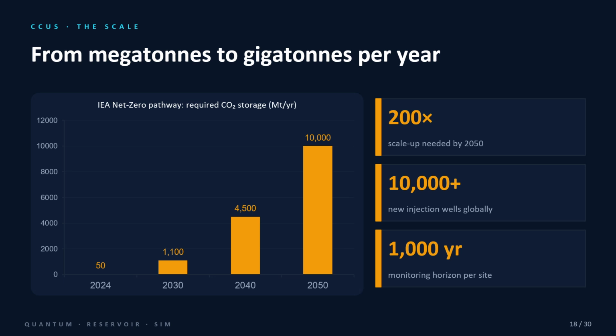Therefore, each site requires many simulation scenarios. If CCUS scales globally, the computational demand will grow enormously. Quantum computing may help not because every reservoir simulator will become quantum, but because selected steps, linear solvers, chemistry, optimization, and surrogate modeling may be accelerated.